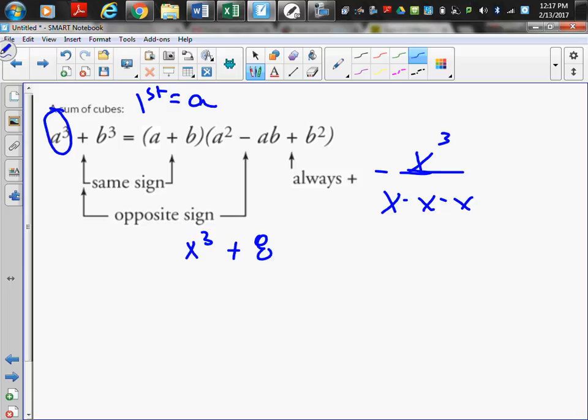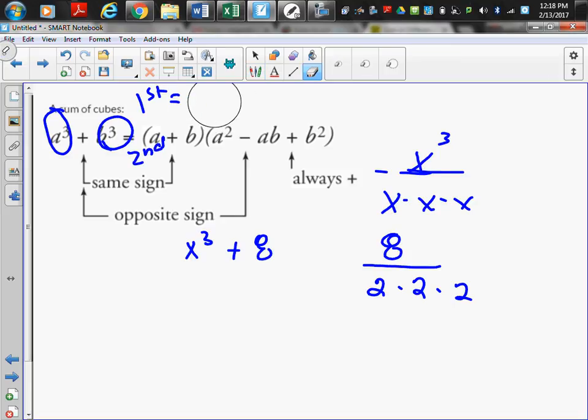So 8, we know factors to 2 times 2 times 2. So this is my second. So my first is x. Well, I'm taking the A and the B out and replacing it with first and second factor. So my second factor is 2.